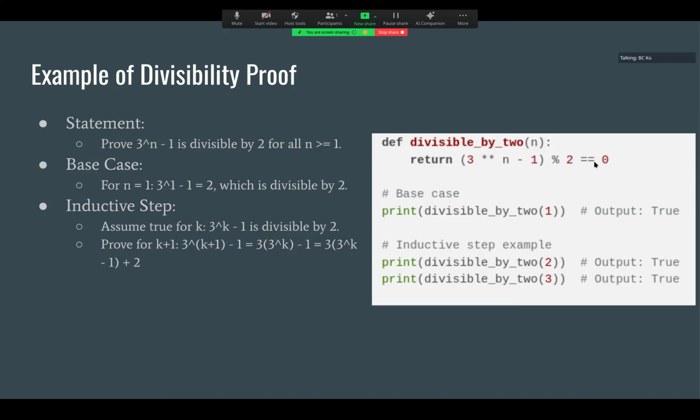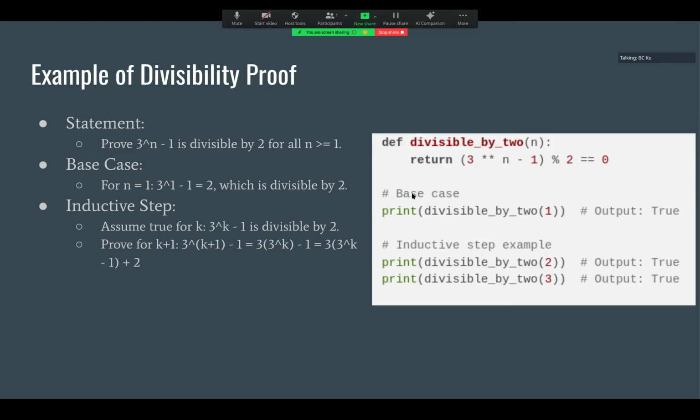And we have this Python code. We define the function divisible by 2 that accepts n as a parameter. And this function returns true if the expression is divisible by 2 and false otherwise, because of this modulo 2 equal 0.